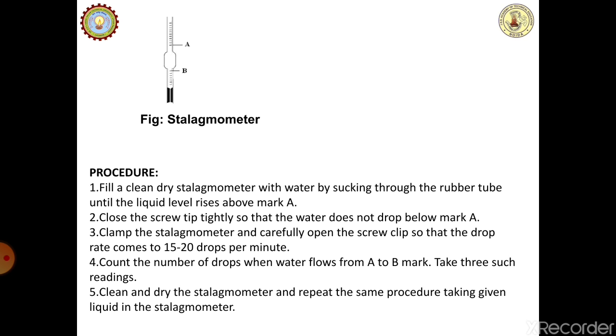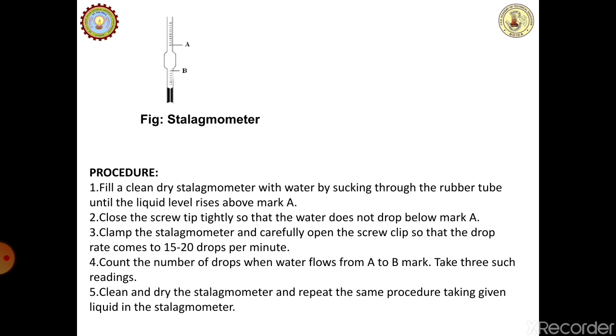Count the number of drops when water flows from mark A to B. Take 3 such readings, then clean and dry the stalagmometer and repeat the same procedure taking the given liquid in the stalagmometer.